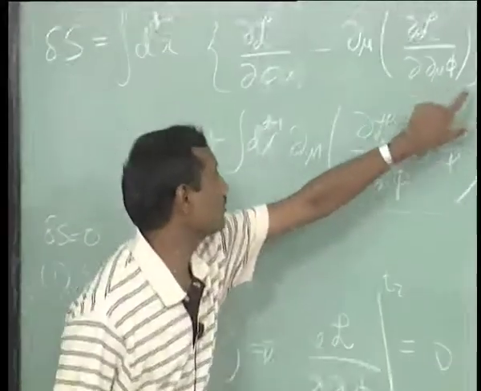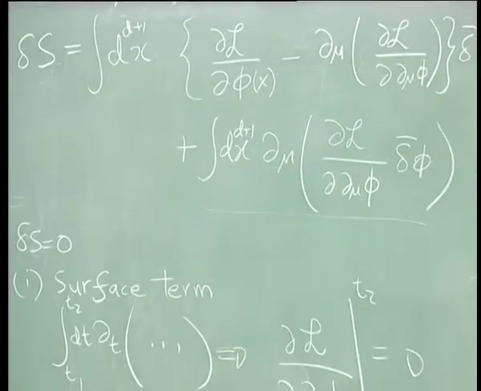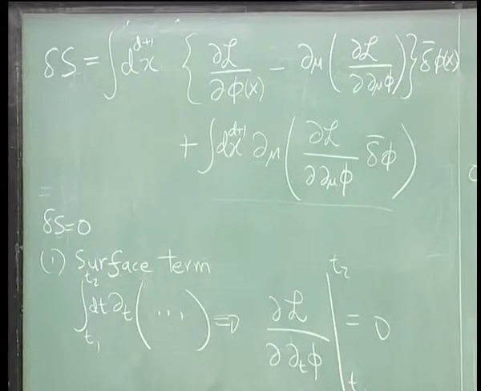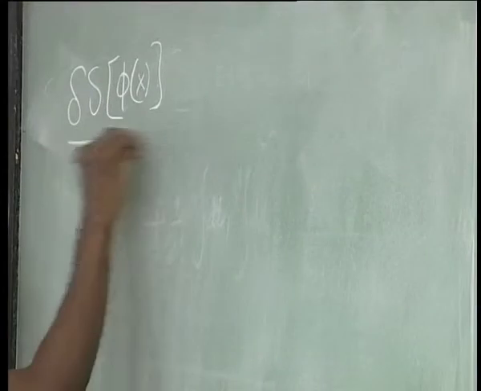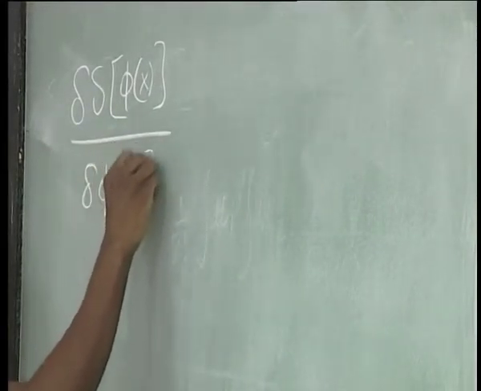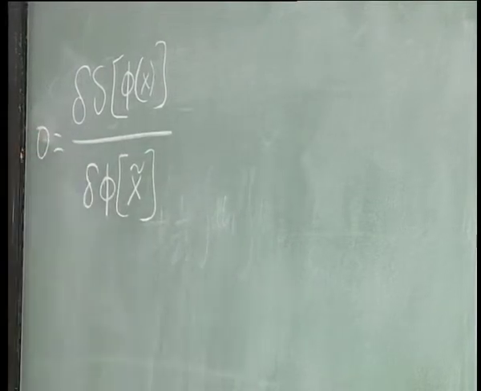So obviously the object in curly brackets should be set to 0, but I will write that as a functional equation. So delta S of phi should be equal to 0.